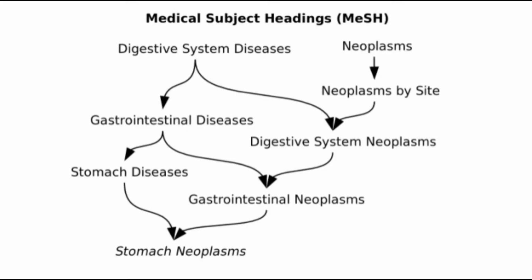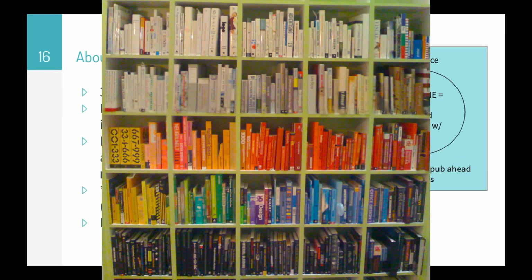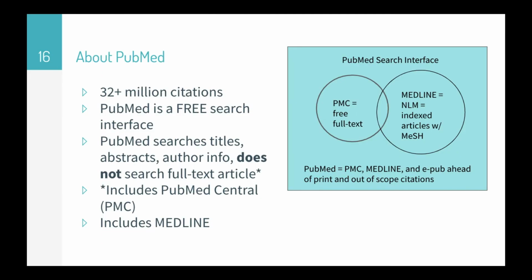They assign these terms to the articles, and what that means is that Medline becomes highly organized, and the keywords are used to link all of these similar articles together, kind of like a hashtag.